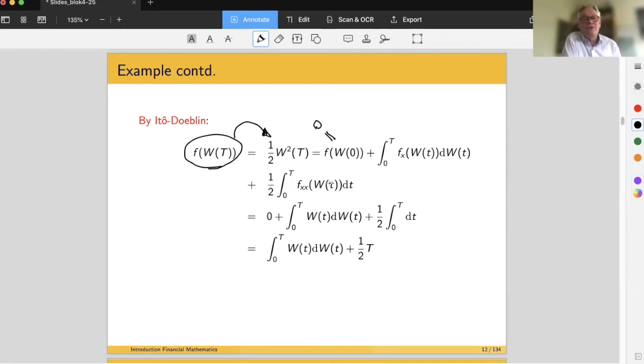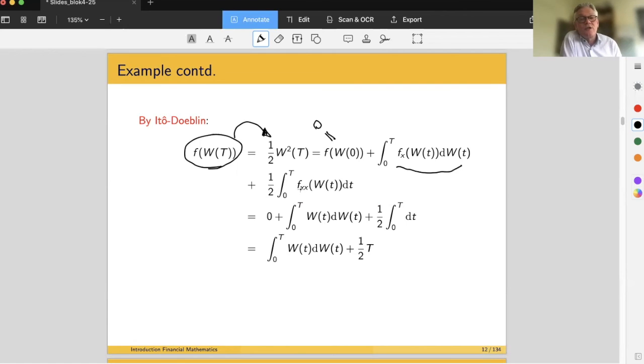Plugging in all the terms, the first one again was 0 as mentioned. The second one, the first derivative of the function f(x) = 1/2 x squared is x, and for x we substitute W_t, so we get the integral from 0 to capital T, W_t dW_t. That is the result of this first expression.